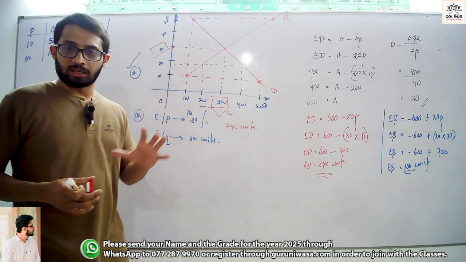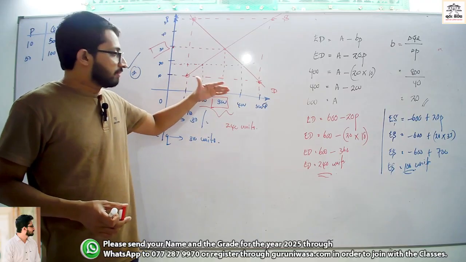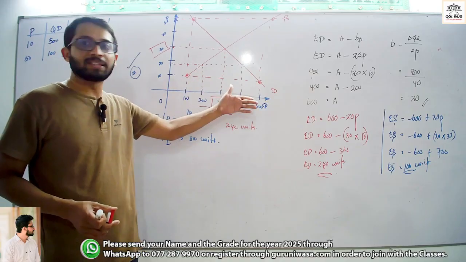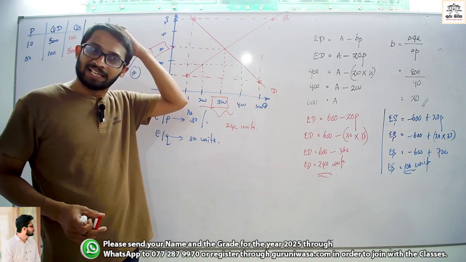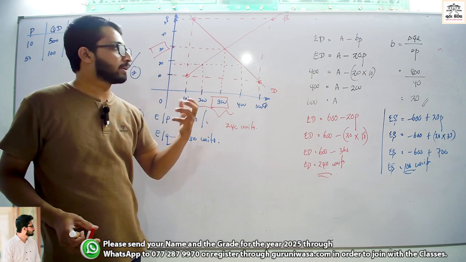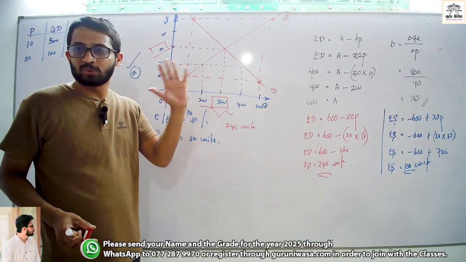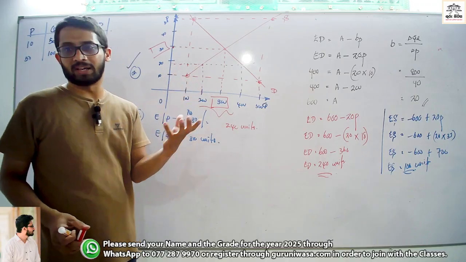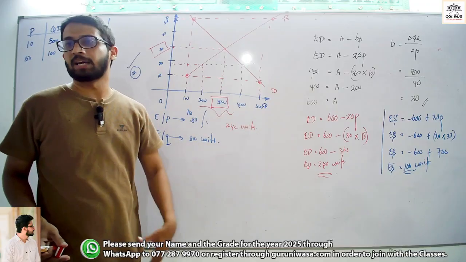You can take all answers from this original graph. I made the mistake because you are given price 18. It's very difficult to calculate excess demand at price 18. It's not like 20 or 25.